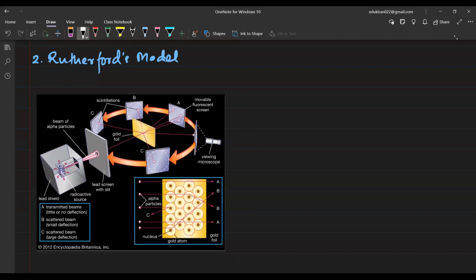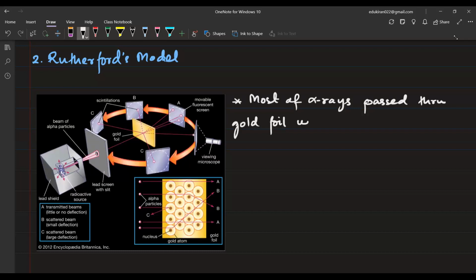What were the observations? Most of the alpha rays passed through the gold foil without any deflection.